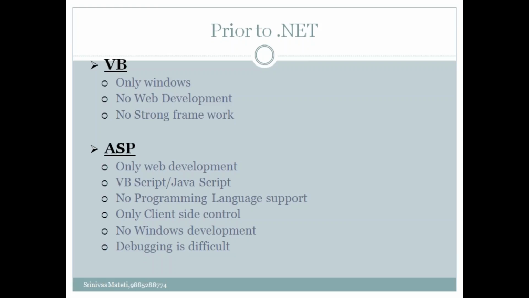And debugging ASP applications is much more difficult. I also worked on ASP, that's why I know. When you want to debug your ASP applications, you have to write Response.Write where you want to see the object. So in order to cover these limitations, they needed a strong product.